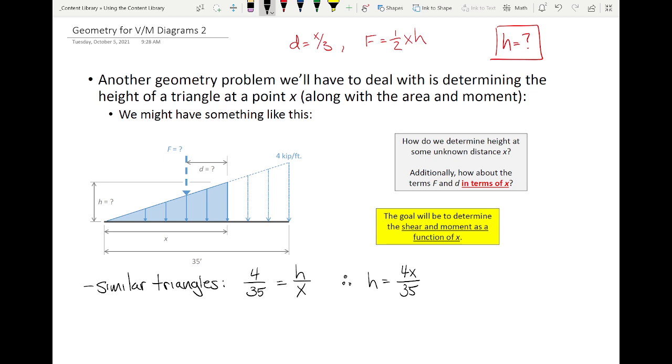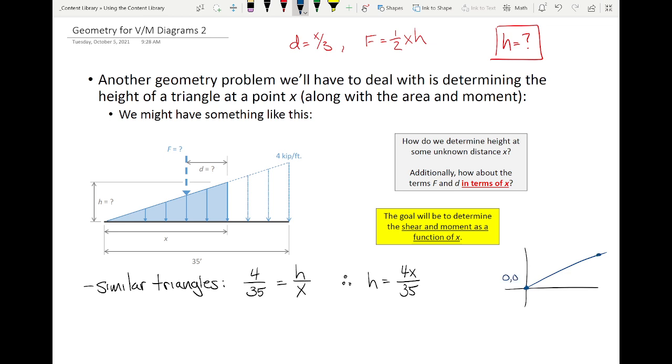Now, if I were to graph this equation, like y equals 4x over 35, what would it look like? It would be a line, right? What would be the intercept of that line? If this was y equals mx plus b, what's b? 0, right? So if I were to graph this, it'd go kind of like that. This would be 0 comma 0.